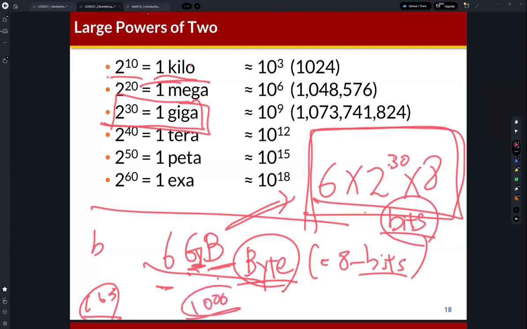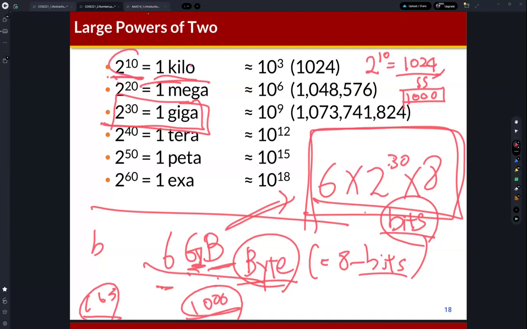Actually, in the real world, kilo represents 1,000. It is because 2 to the power of 10 is 1,024, and this magnitude is similar to 1,000.